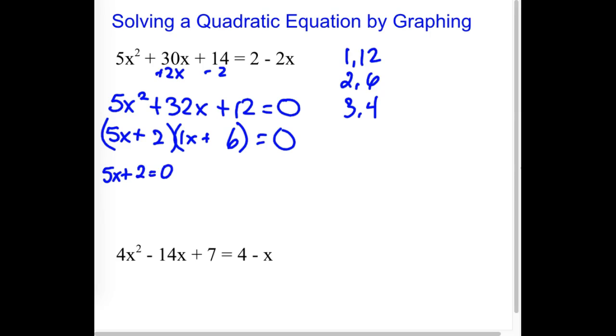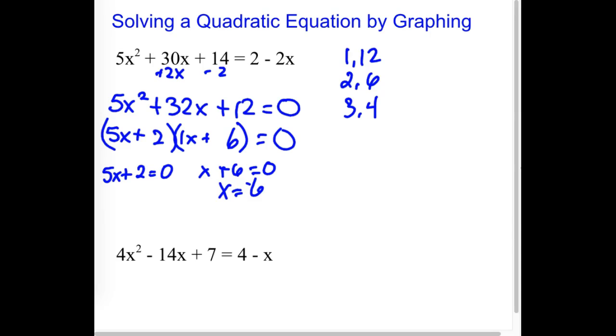Now, can you watch up here for 1 sec? Most of you would look at the x plus 6 equaling 0 and be able to say right away x has to be a negative 6. Yes? Okay. The other one has 2 steps to getting our answer. I'm fine with you doing both of those steps in one.